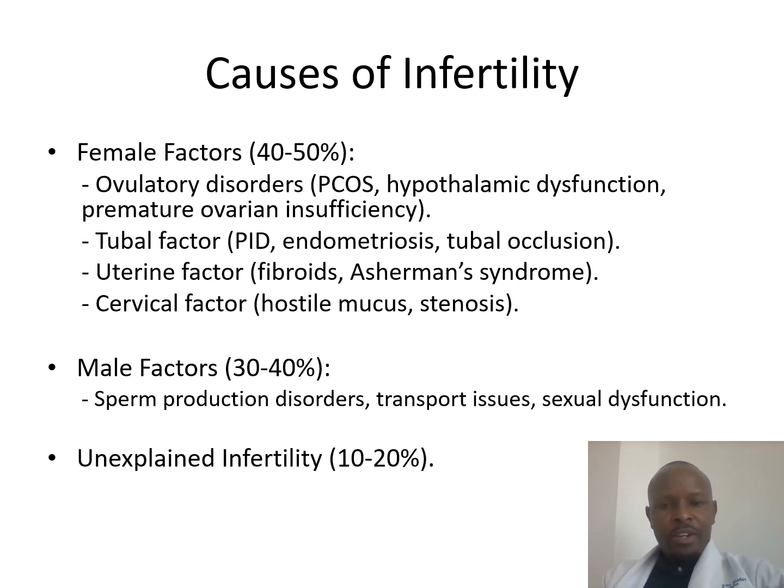Tubal factors, very common in our setup, either due to infections or endometriosis, but it can also be due to other causes of tubal occlusion like tubal surgery. Uterine factors like fibroids, common in our setup. Asherman syndrome, not common but seen once in a while.